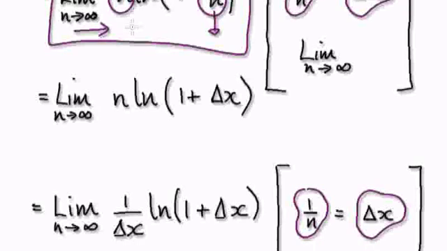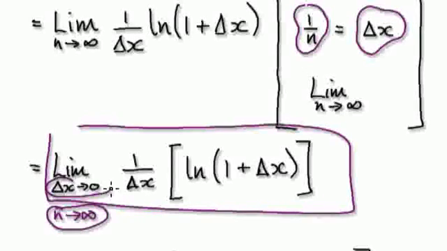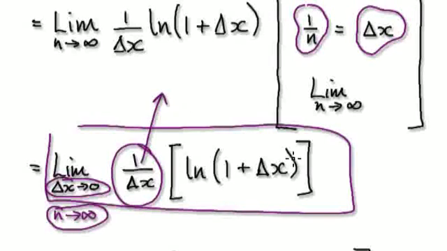Looking down here, I know we changed the n to delta x. Earlier we had n tends to infinity. This n tends to infinity is the same as delta x tending to 0, because if you make delta x tend towards 0, it has the same effect. This thing here will get bigger and bigger, and this thing here will get smaller and smaller. It's the same thing.